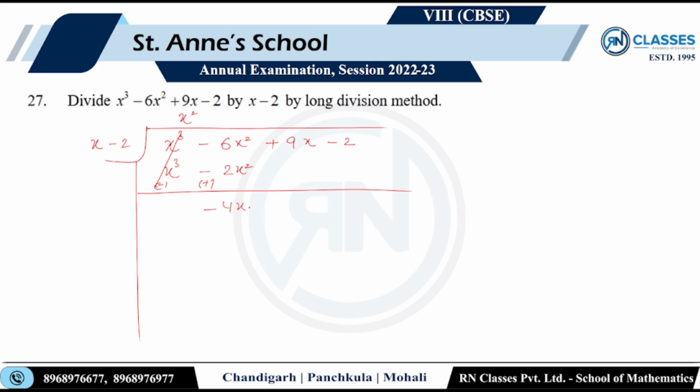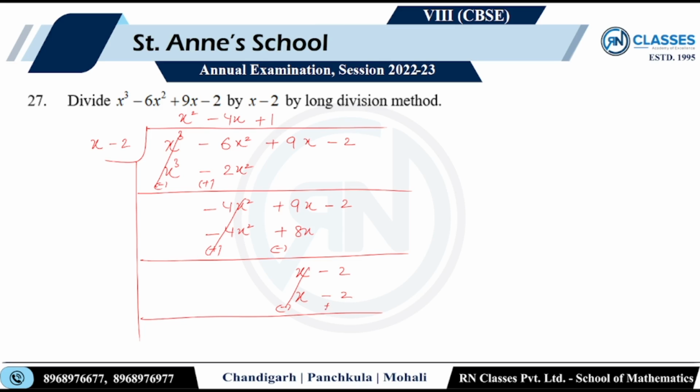This is minus 4x square plus 9x minus 2. Now what do I multiply x by? By minus 4x. Minus 4x square, minus minus is plus. That goes, minus. What do I multiply x minus 2 by? Plus 1 into x minus 2. This goes off, this goes off, this becomes 0. So the long division method is successful. You have the quotient, you have the remainder, divided using the long division method. Quite simple and straightforward, right?